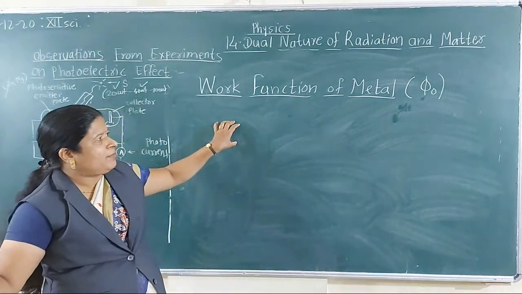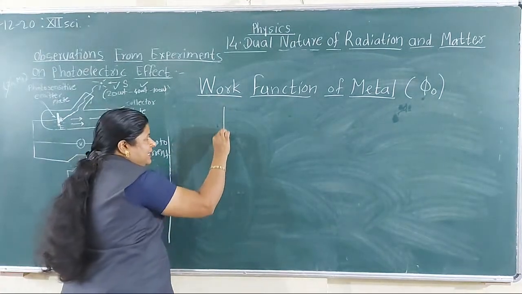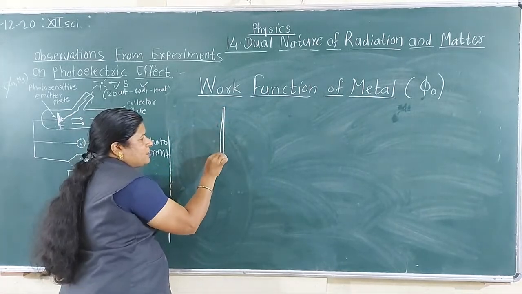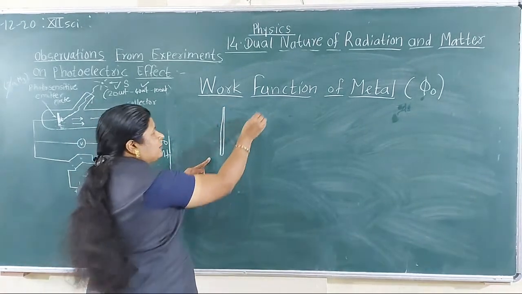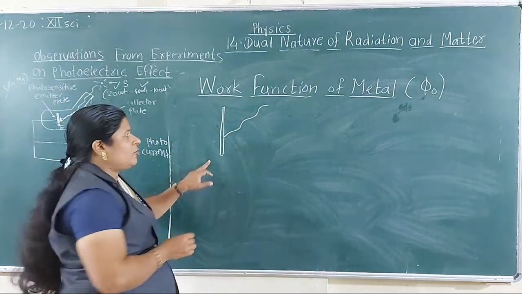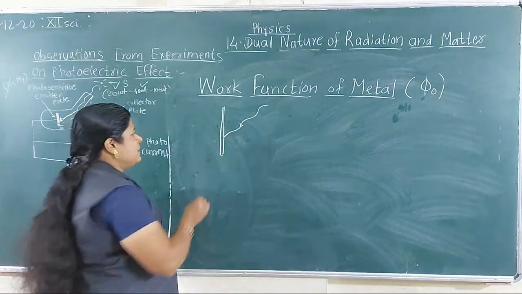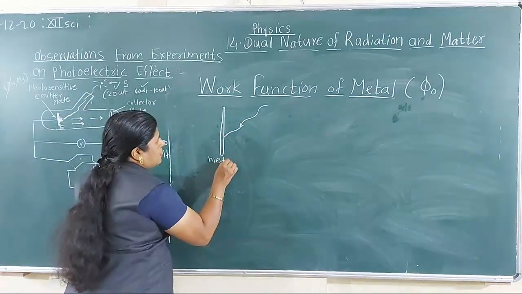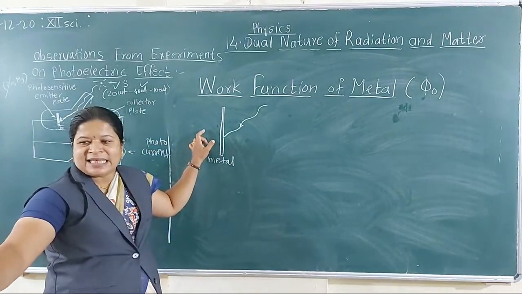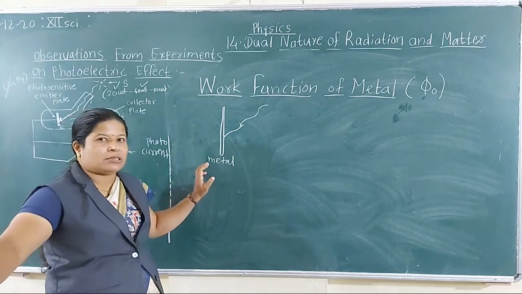So, what is meant by the work function of a metal? For example, this is the metal surface, and electromagnetic radiation having sufficient frequency is incident on this metal surface. We know that a metal has free electrons.